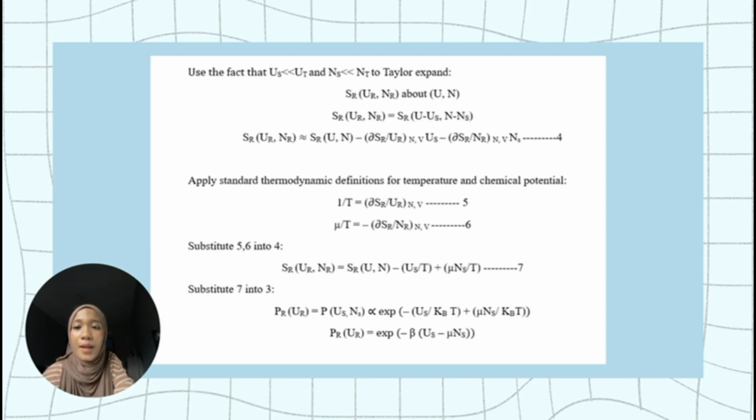So we apply the standard thermodynamic definitions for temperature and chemical potential. We have equations 5 and 6, and we substitute 5 and 6 into 4.